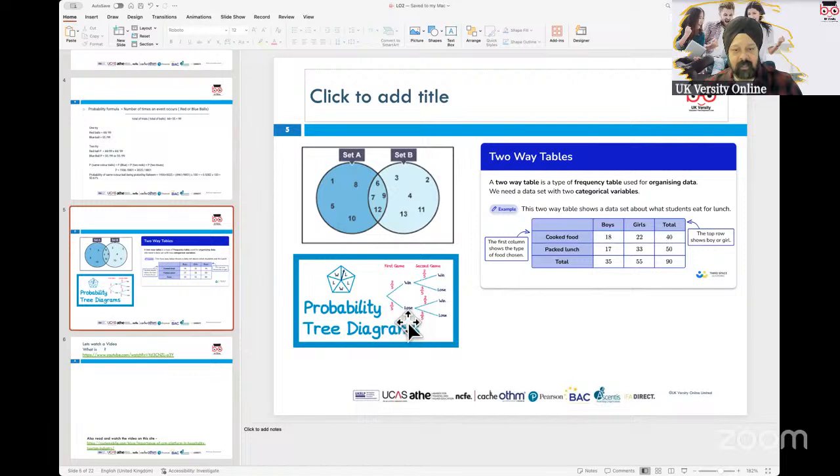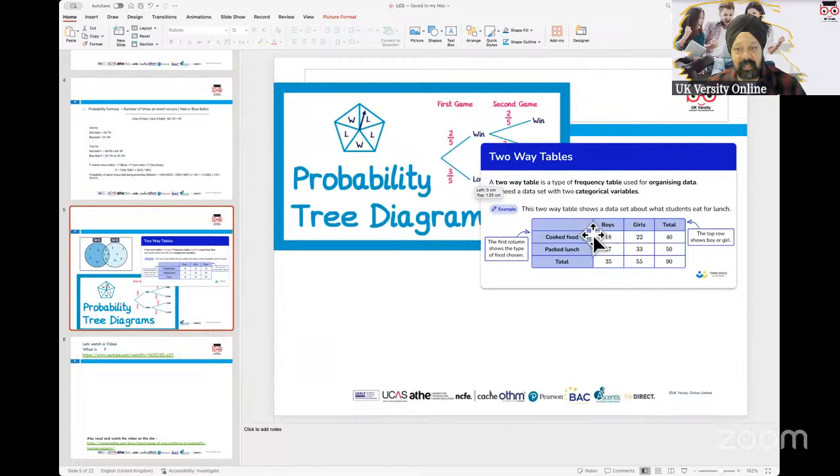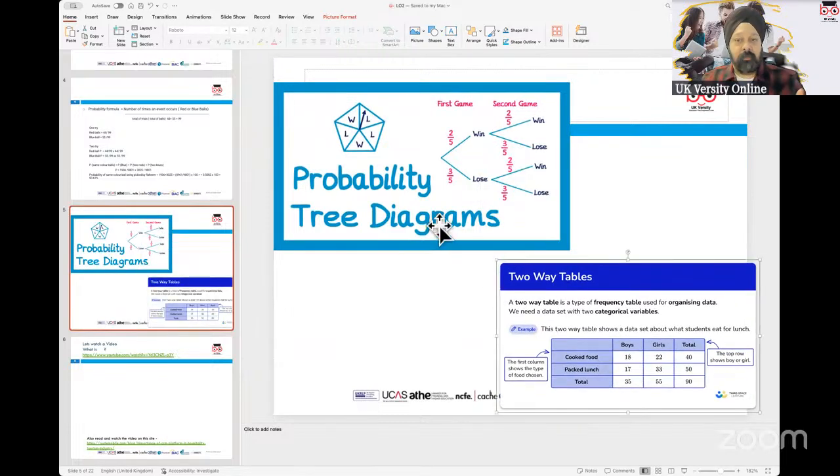Probability diagrams: sometimes it's easier to visually show learners the probability of something happening. So if you were playing a game or looking at chances, if there were five of you as friends, and you were looking at buying a lottery ticket, or, for example, playing a game, you want to find out your probability of who would win the game.